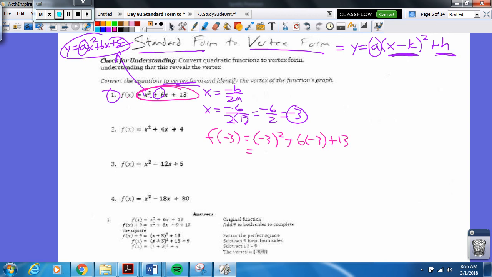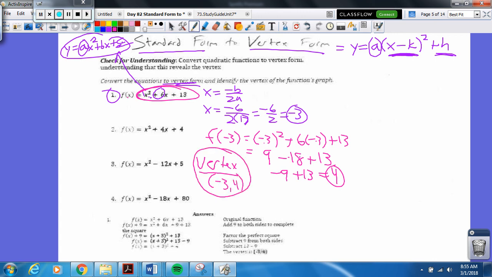Negative 3 squared is 9. 6 times negative 3 is negative 18, plus 13. 9 minus 18 is negative 9, plus 13 equals 4. Okay. So I did all that work, and the vertex is negative 3, 4. So I got my vertex that way.